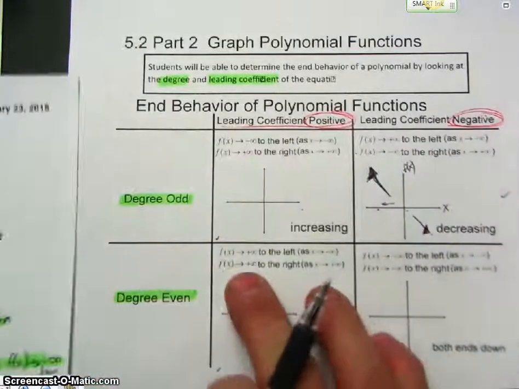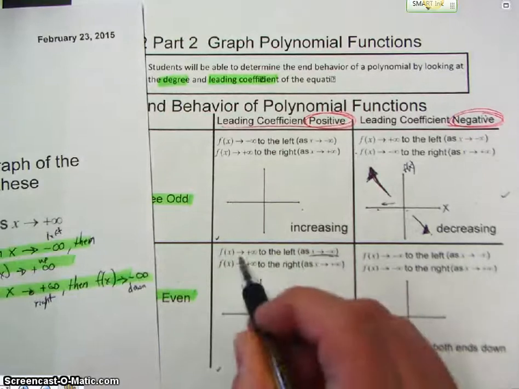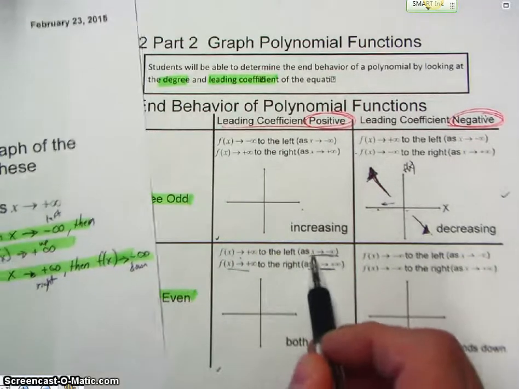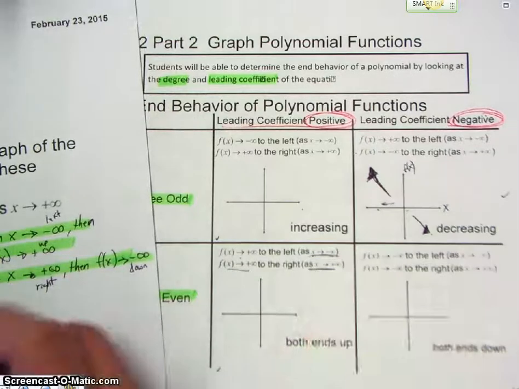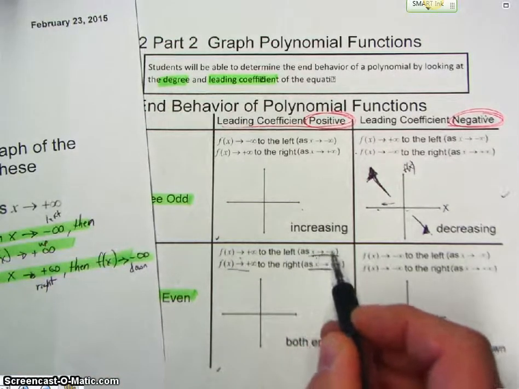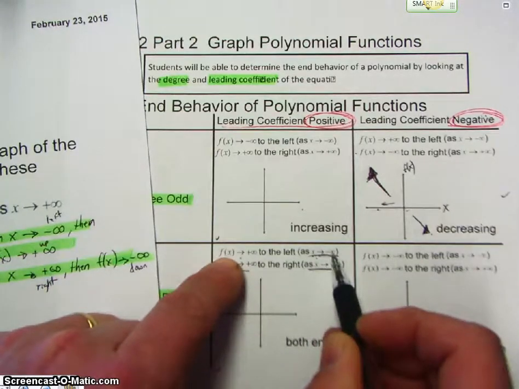Okay? So what that says is, you notice I like to write this first, then this. So in other words, as x approaches, that's what the arrow means, negative infinity, in other words, as x goes to the left, then it goes up.